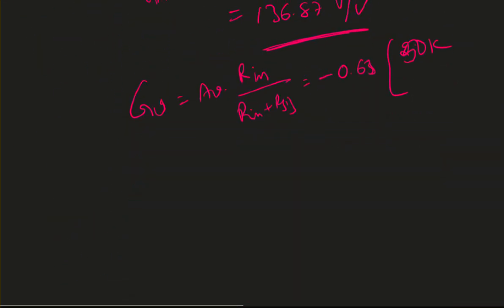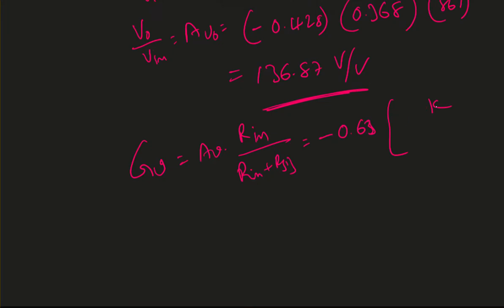So that's 50k over 50k plus 20k. R signal is 20k. Based on this, you can find the overall gain. My overall gain is minus 0.45 volt per volt. So if I give 1 volt, I'm getting out only 0.45, and that is going to be inverted. It is not an upright signal.